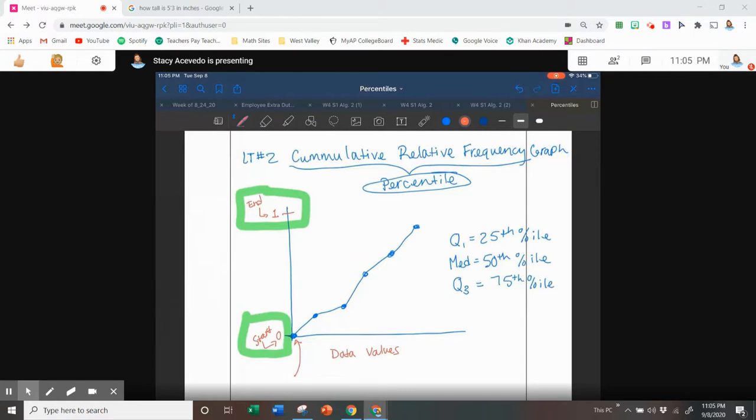And you should have a nice scale of your data values. I also want you to know that quartiles 1 and 3, as well as the median, we can see that quartile 1 is the 25th percentile, the median is the 50th percentile, and quartile 3 is the 75th percentile.